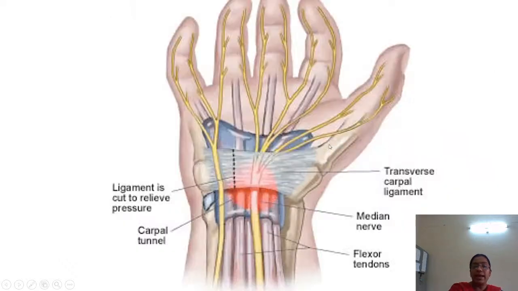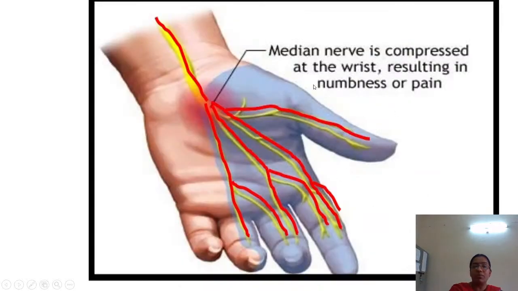When you see the applied aspect, the median nerve might be compressed at the part of the flexor retinaculum. This is the compression. When there is compression, it results in numbness or pain along the distribution of the median nerve. What is the distribution?